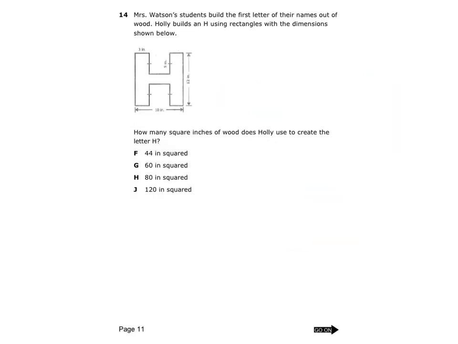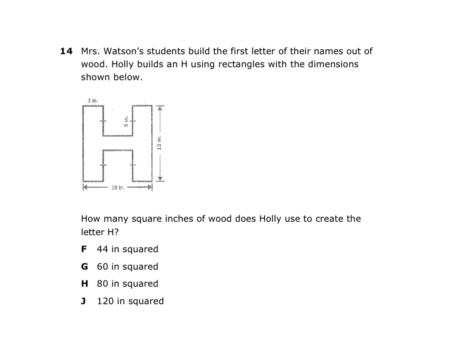Number 14. Miss Watson's students build their first letter out of wood. Holly builds an H using rectangles with the dimensions shown below. How many square inches of wood does Holly use to create the letter H? H is this, and this one is the same over here. So we have two rectangles that are 12 times 3, which is 36, and we've got two of them, which is 72.